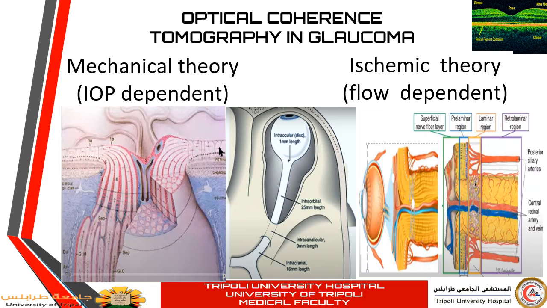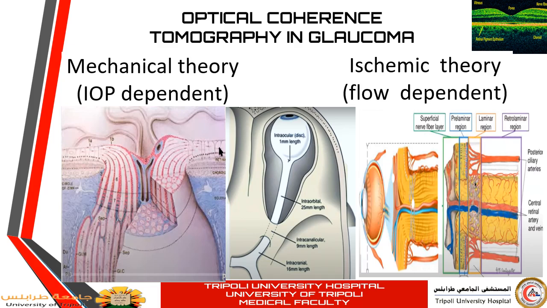In this cross-section of the optic nerve, we will speak about the mechanism of glaucomatous damage of the optic nerve. As we mentioned before, there are two main theories, the mechanical and the ischemic theory. The mechanical theory explains the damage that happens in the optic nerve due to elevation of the intraocular pressure.